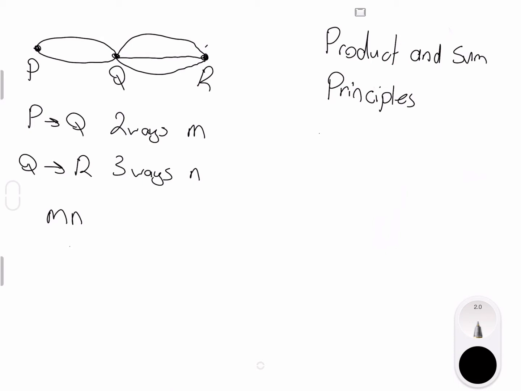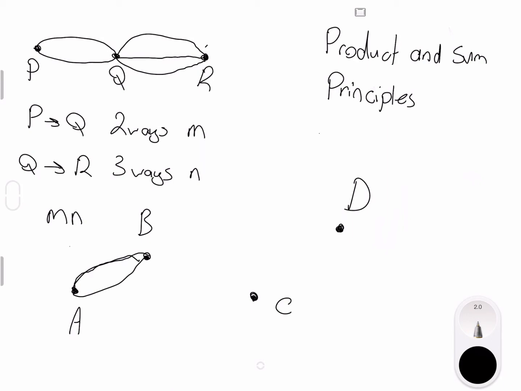So how does this look if we've got something? Let's draw up another one where we go from A to B, and then we're going to go to C, and let's go for another one of D. So let's make it two ways here.